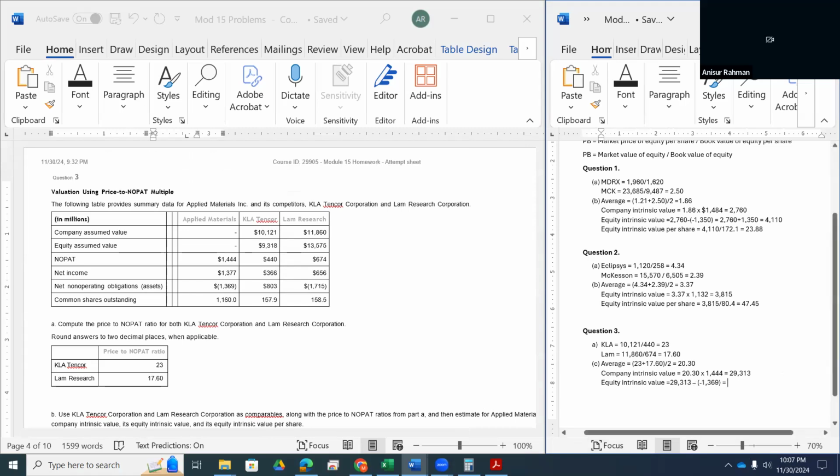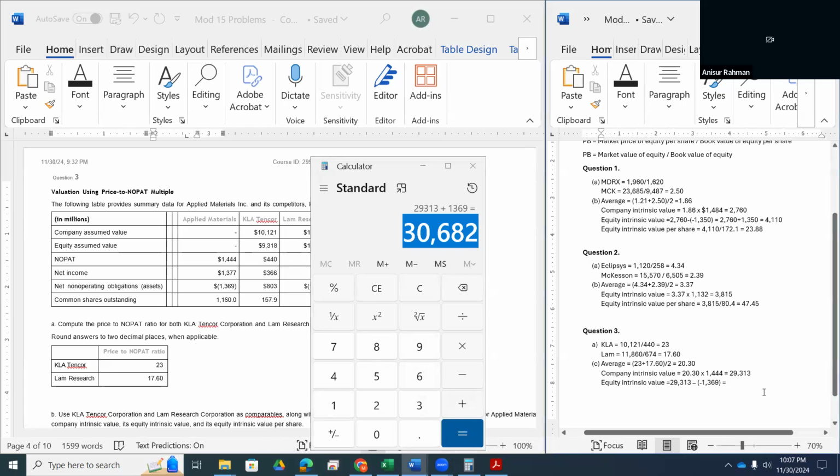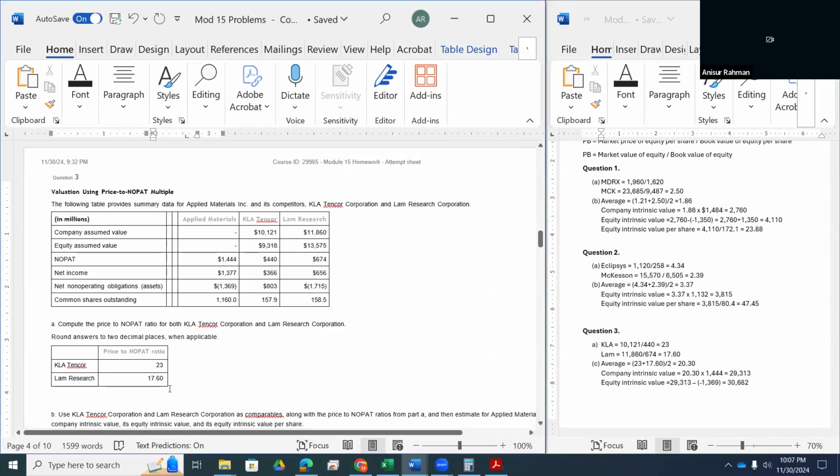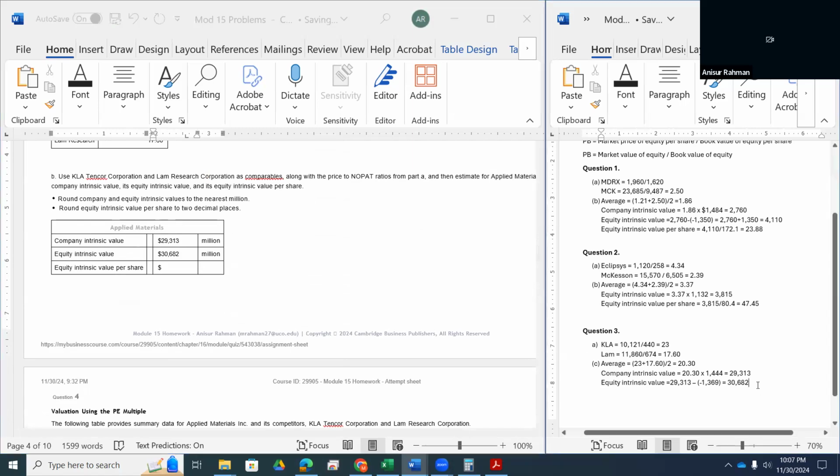So this minus minus will be plus. Equity intrinsic value per share, you just need to divide by the number of shares.